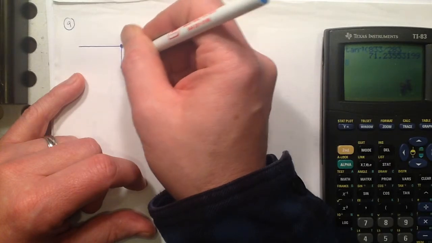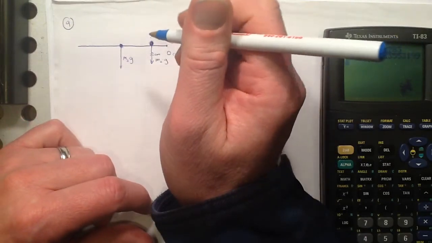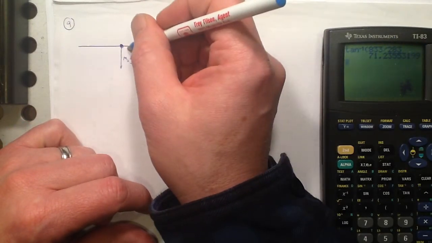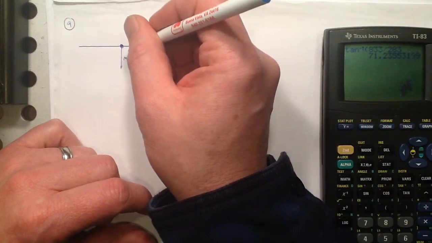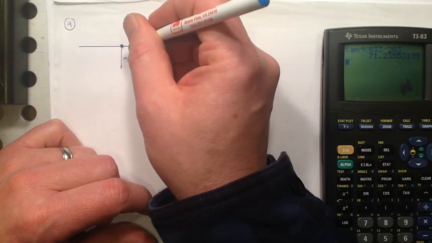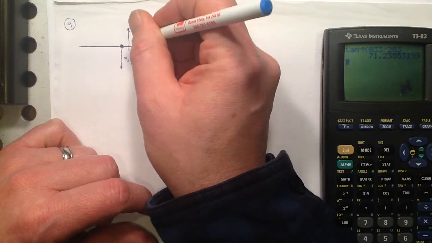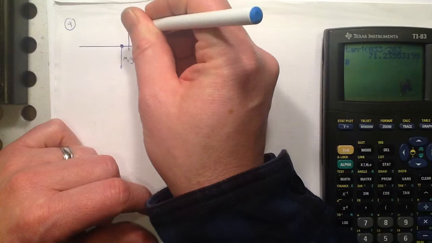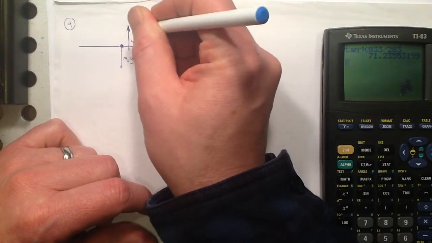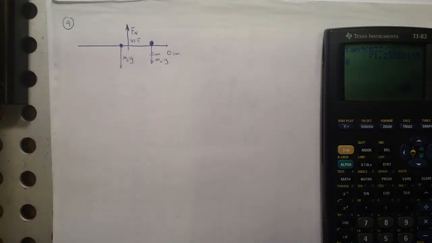That's the mass of the stick times g. And then we know that it's balancing at the 45.5 centimeter mark. That means there's a normal force, an upward force on it here at the 45.5 centimeter mark, and we could call that a normal force. So those are the forces.